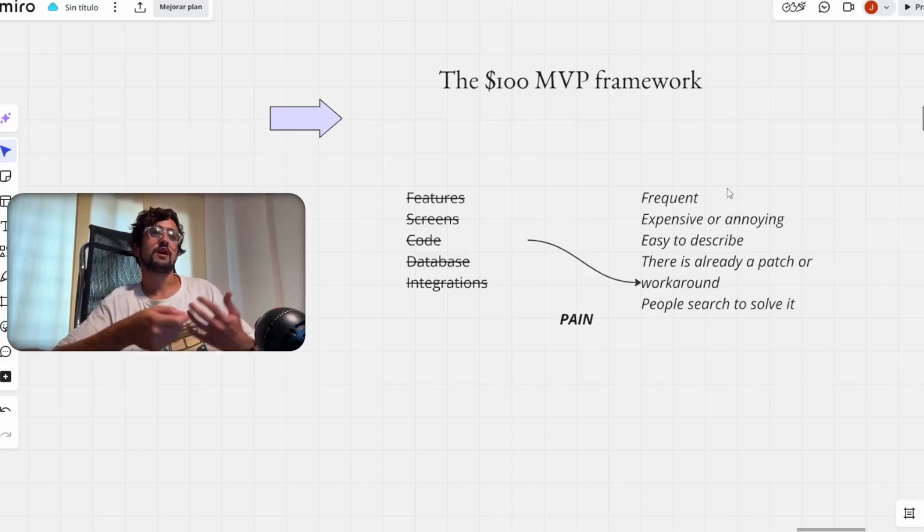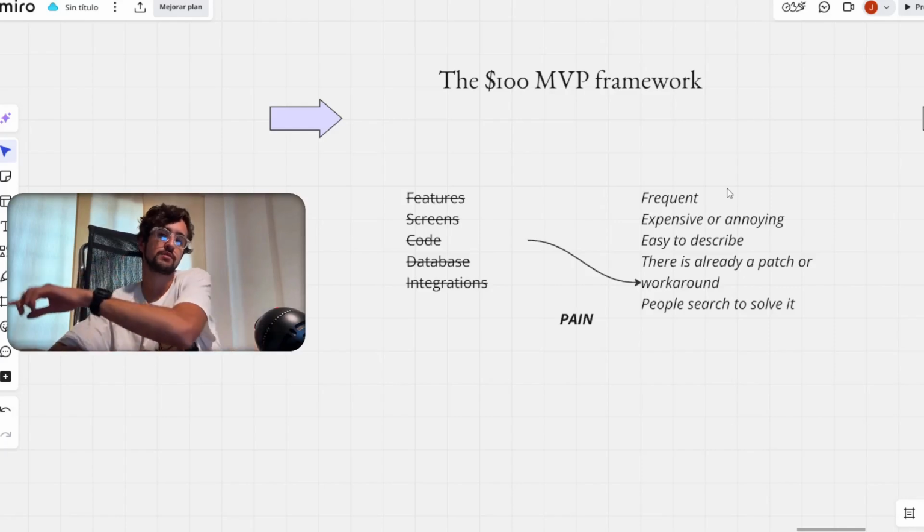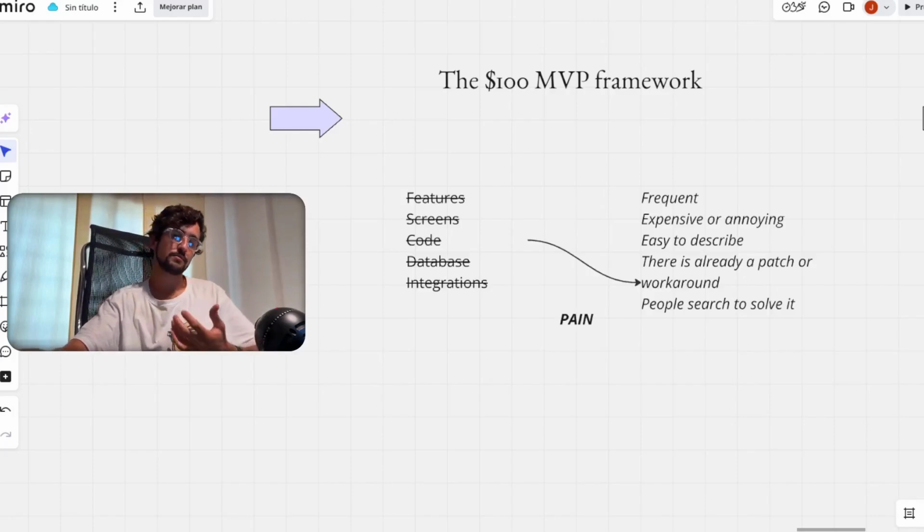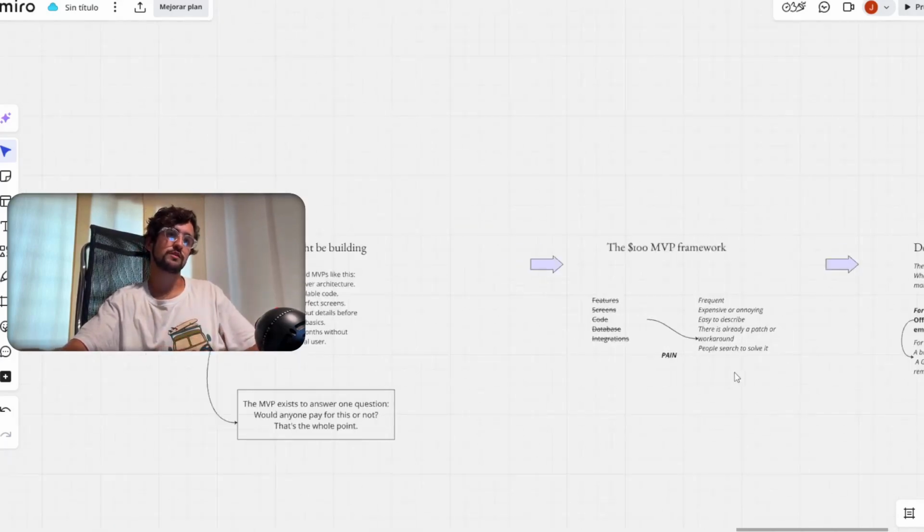Maybe there's a company that has already built an application for that problem and is making money. So it lets you know that it's something worth building because there are people making money with that. People search to solve it or they ask you to solve the problem. That's a real pain. That's something that is worth solving.